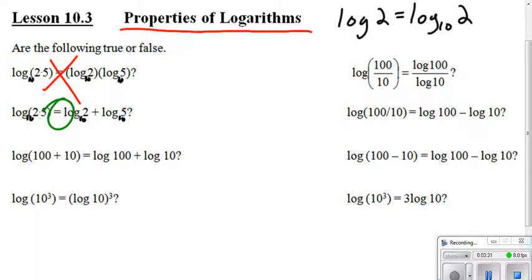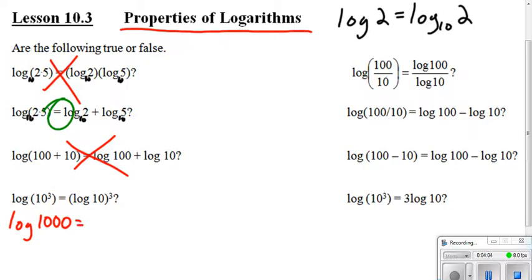If we take log, again technically base 10, of 100 plus 10, is that going to be log base 10 of 100 plus log base 10 of 10? In this case, no, this one does not check out. That does not follow any of our properties at all. And this one here, if we have log of 10 to the third power, so essentially log of 1,000, is it equal to the log of 10, to the third?